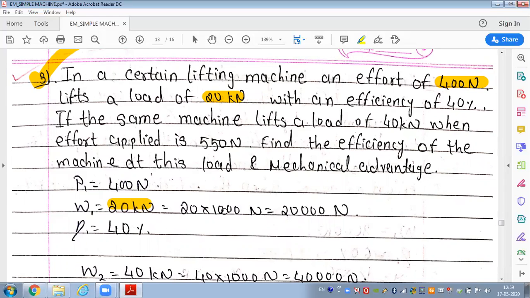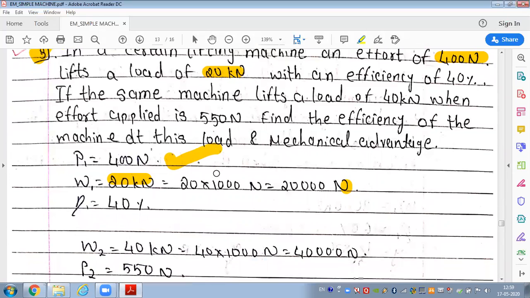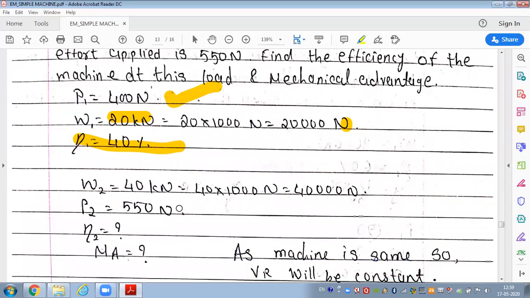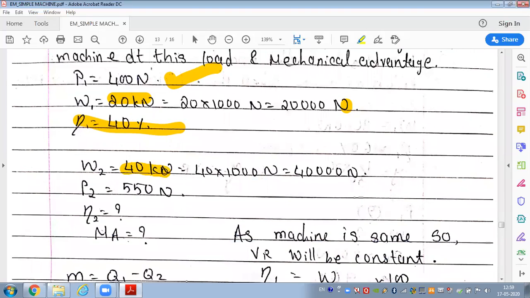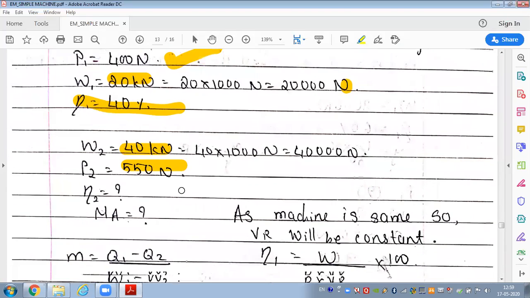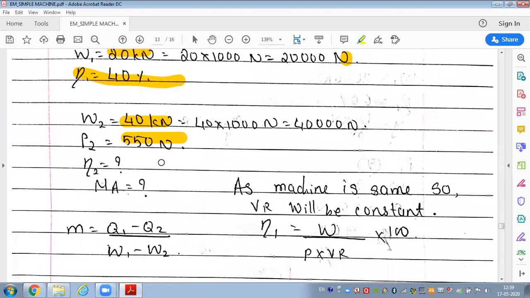So it is converted into Newton because the lift load is given in Newton. The efficiency is given as 40%. Another machine has a load of 40 kilonewton and the effort is given as 550 Newton. Now you have to calculate eta 2 and MA, mechanical advantage.